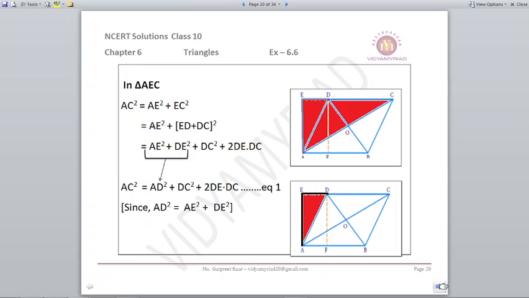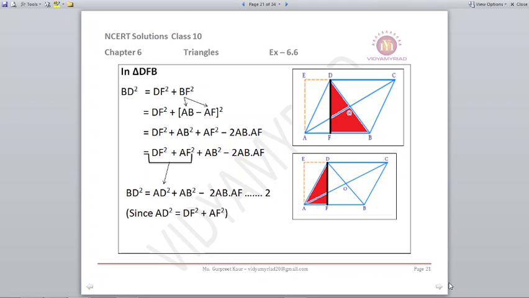Now what is AE square plus DE square? If you look at the second figure, the small triangle, you can replace AE square plus DE square by AD square. So I will rewrite it. AC square is equal to AD square plus DC square plus twice of DE into DC. Let it be equation number 1.